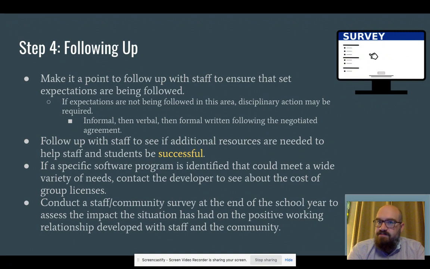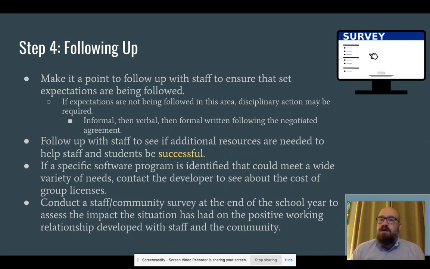Finally, it's important, I think, to follow up. And as an administrator, to make it a point to follow up with staff to ensure that those expectations are being followed. And then, unfortunately, if those expectations are not being followed in that area, then we might have to go to disciplinary action.